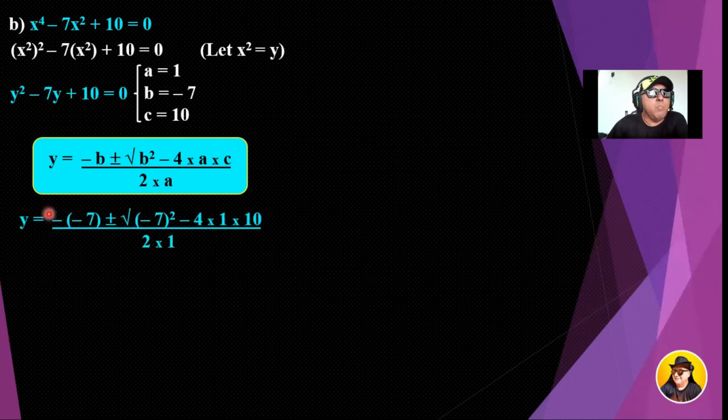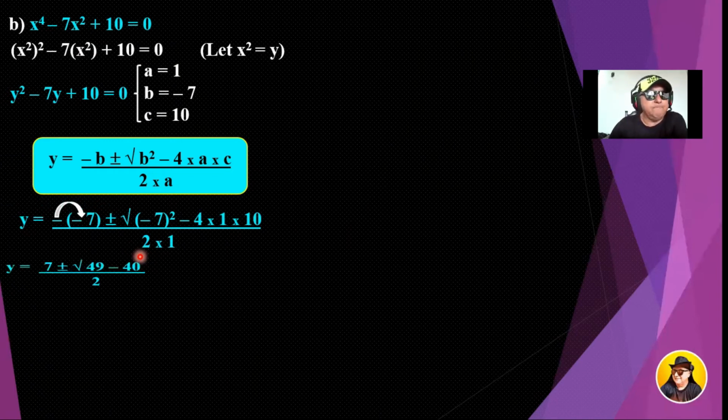See, minus 7 plus or minus root of minus 7 squared minus 4 times 1 times 10 over 2 times 1. Then minus and minus is plus, so from now on we will have a positive 7.